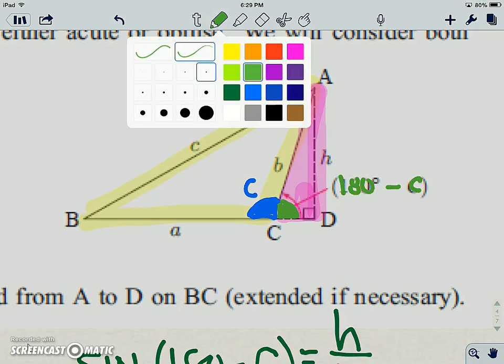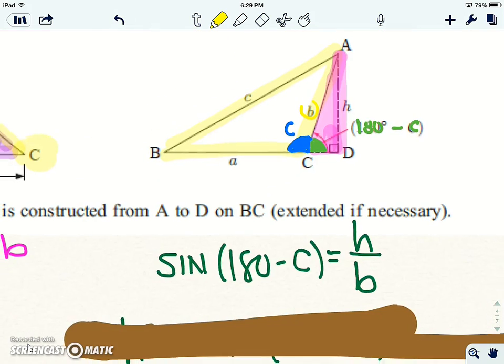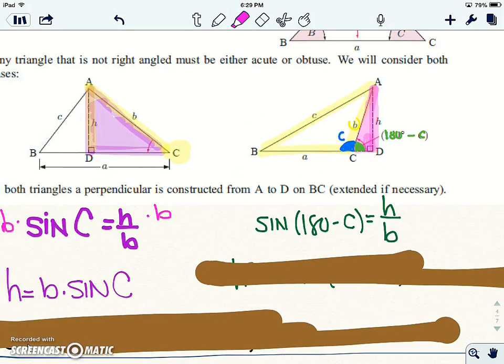and we can go from that corner and use our trig function, which would be opposite, or h, over hypotenuse, which would be b. So the sine of 180 minus C is h over b.